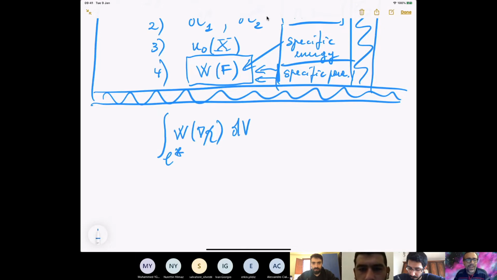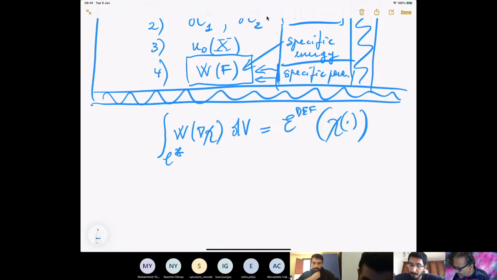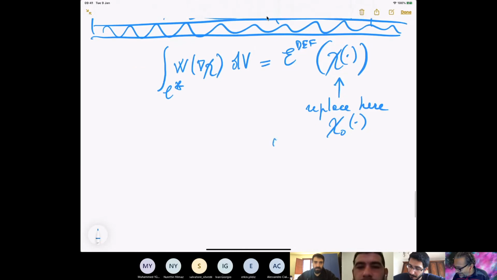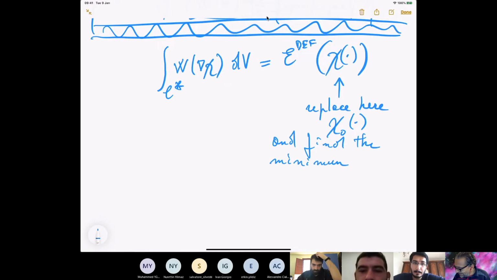I will not write the domain of integration when it is C star, in order to be quicker. And this is the functional of which we must find the minimum. So replace here χ_0, the function χ_0, and find the minimum energy. This is what we need to do.